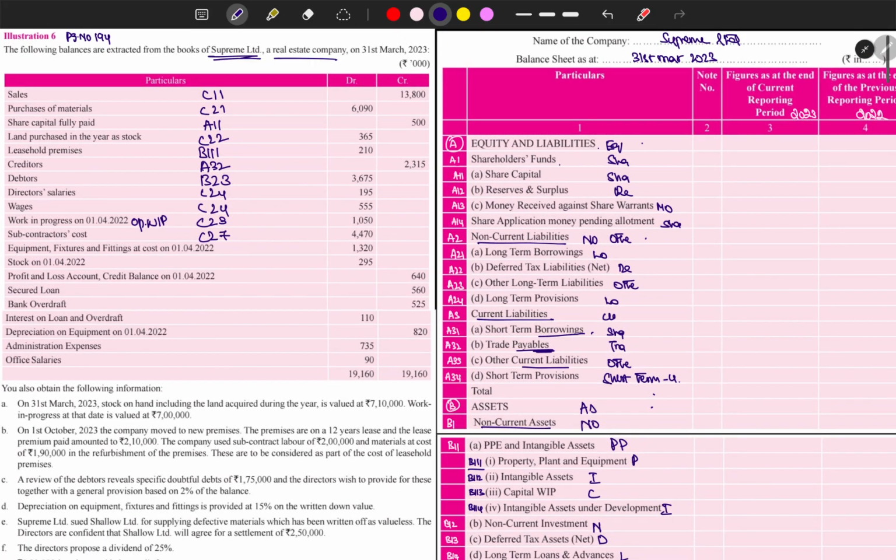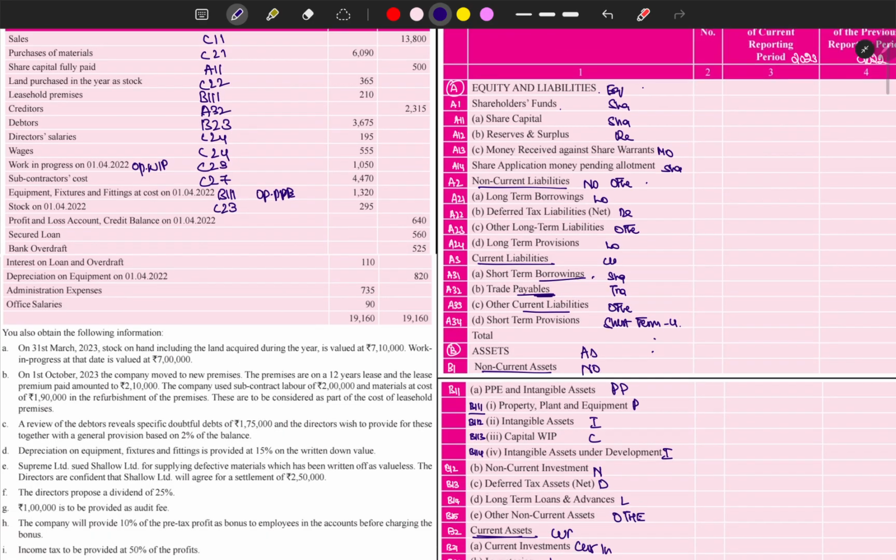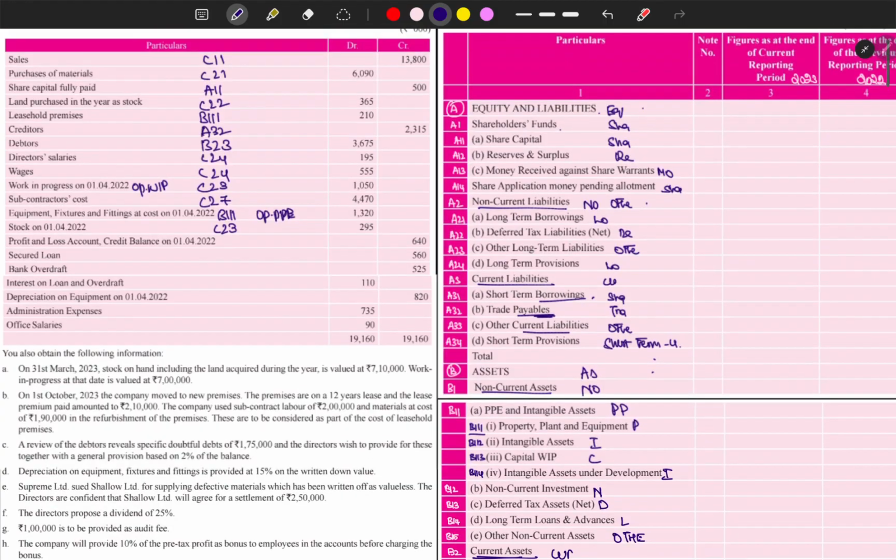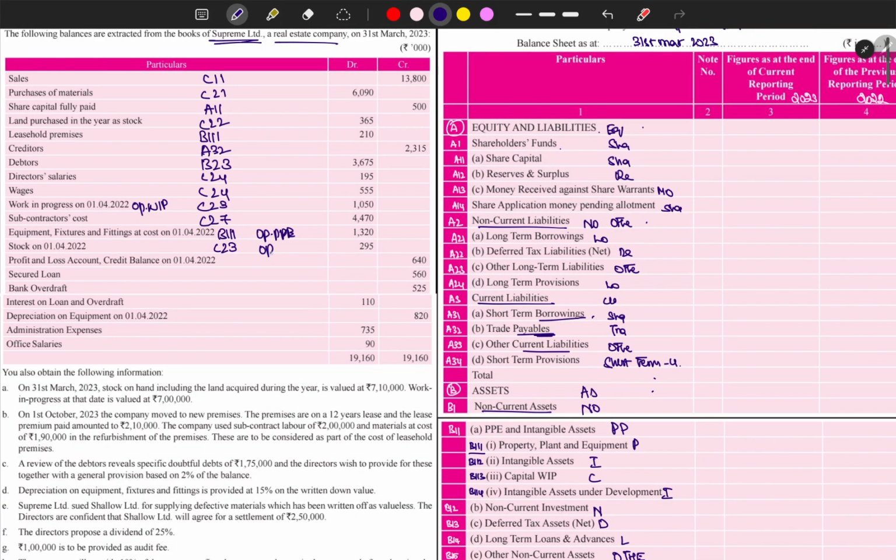Equipment, fixtures and fittings at cost, which is opening PPE, which is B111. This is opening stock, which is C23. Change goes to changes in inventory. Okay, opening stock.